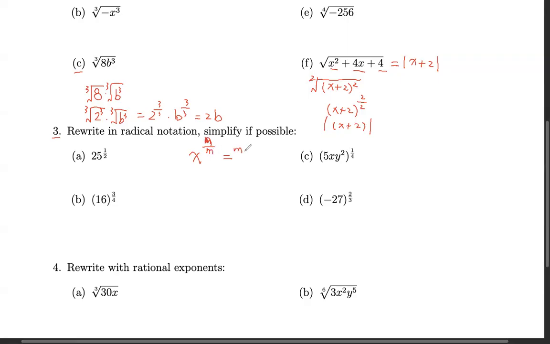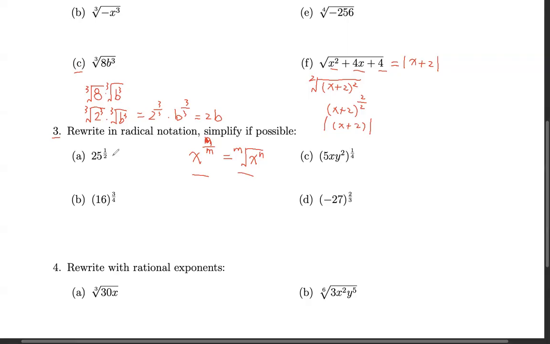This means the index is n and the power is m. We can always switch those two notations. This is the radical form, and this is the rational exponent form.